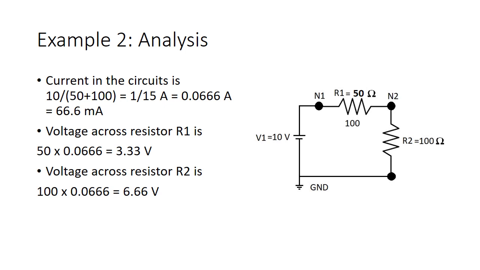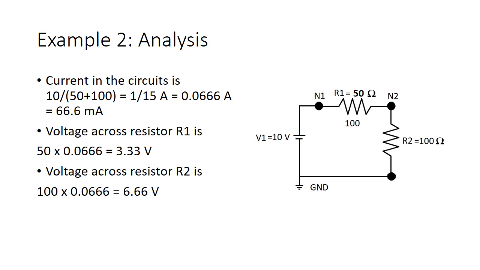So now the current will be 10 by 50 plus 100, so that is 1 by 15 ampere or 0.0666 ampere, that is equal to 66.6 milliampere. And the voltage across resistor R1 is 50 into 0.0666, which gives you 3.33 volt, and the voltage across resistor R2 is 100 into 0.0666, that is 6.66 volt.